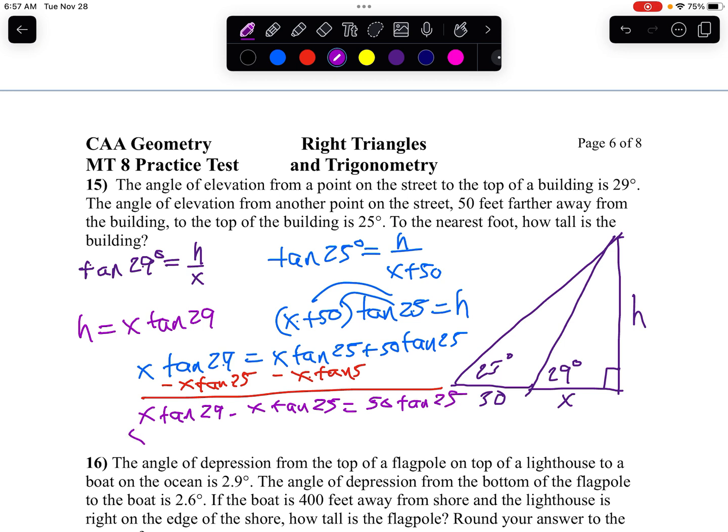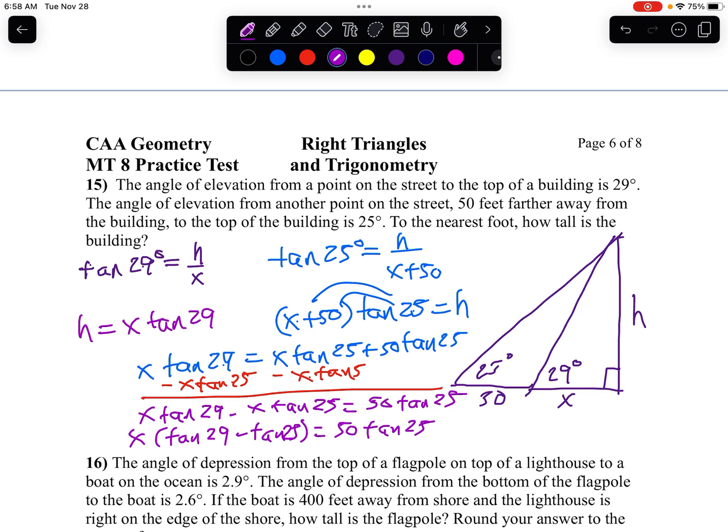Well, I can factor out my X. So X times the tangent of 29 minus the tangent of 25 equals 50 times the tangent of 25.